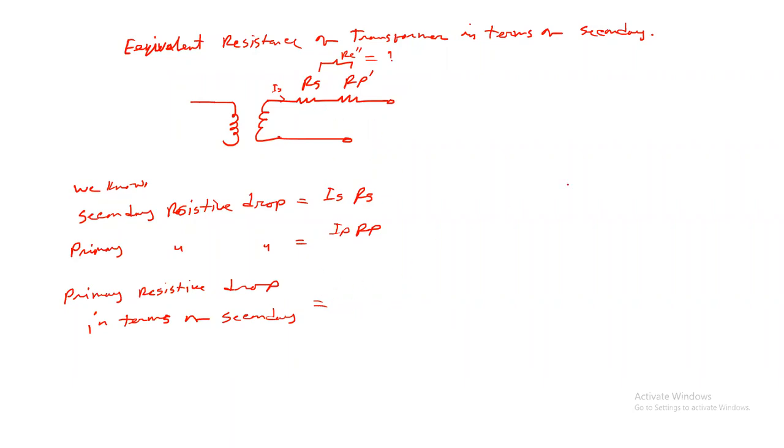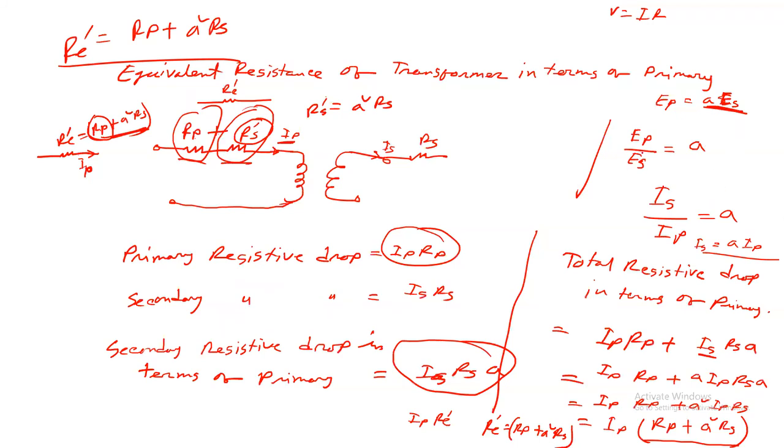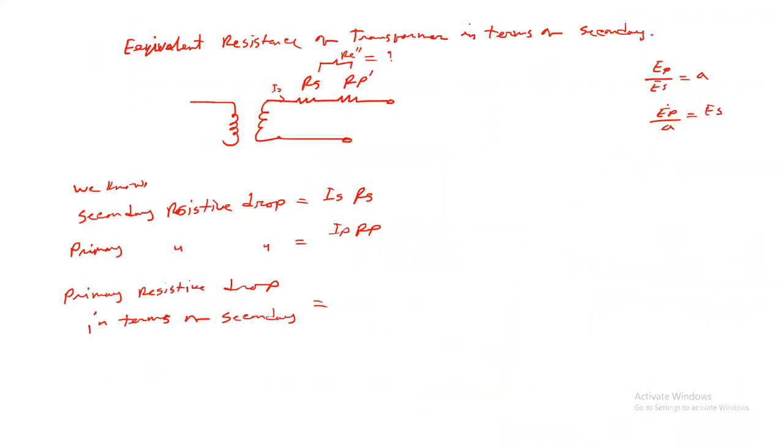So this is equal to our secondary voltage. You know that we previously assigned EP by ES is equal to A. So just cross transfer: EP is equal to A ES, so ES is equal to EP by A. So EP means IP RP by A. Clear?